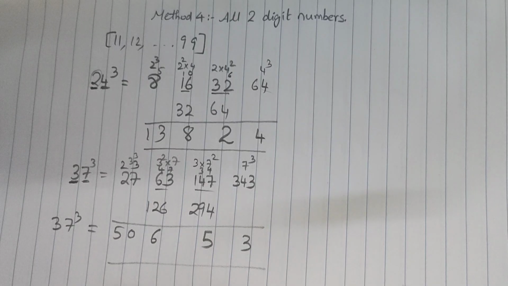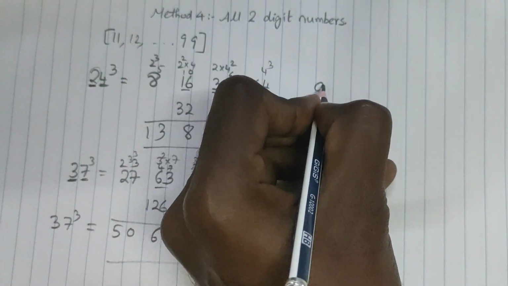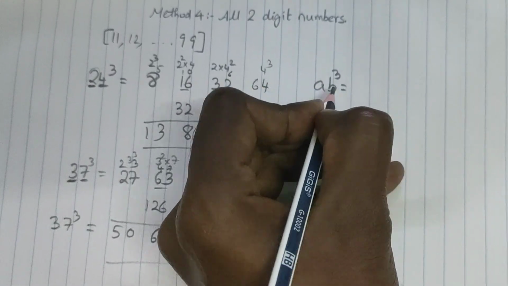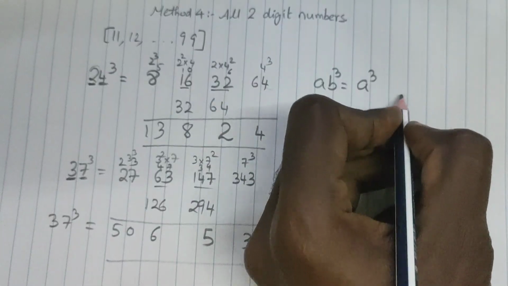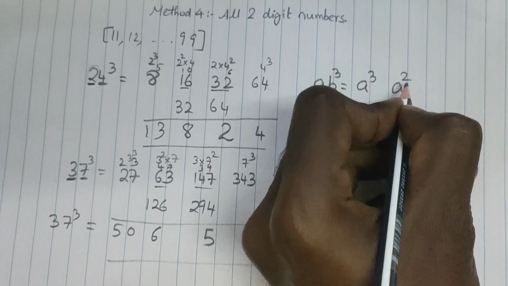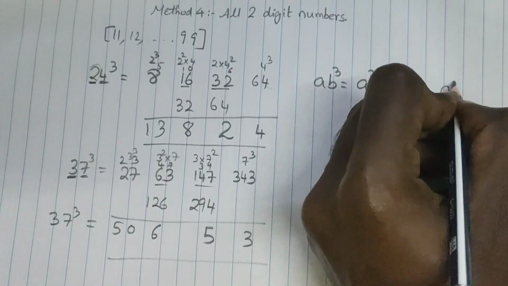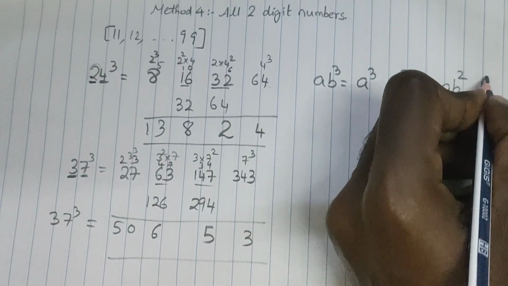Okay, so I'm going to tell the general method here. If you are doing the cube of a two-digit number, (ab) cube, first we write a cube. Then we do a square b, then a b square, and then b cube.